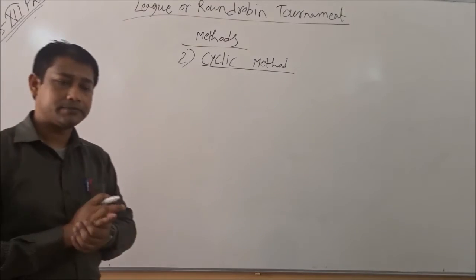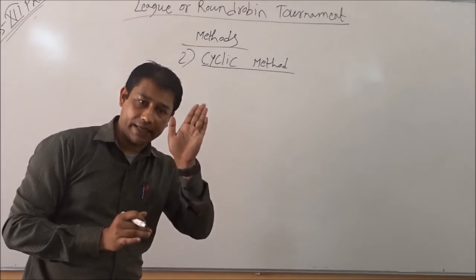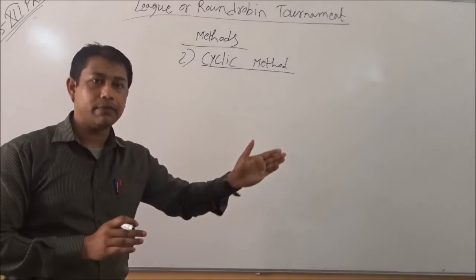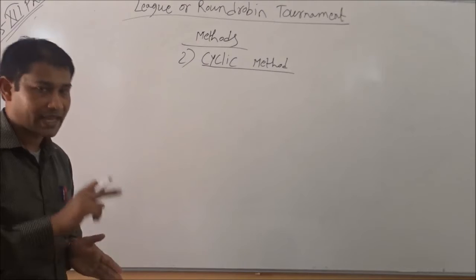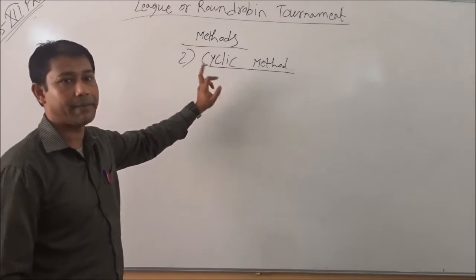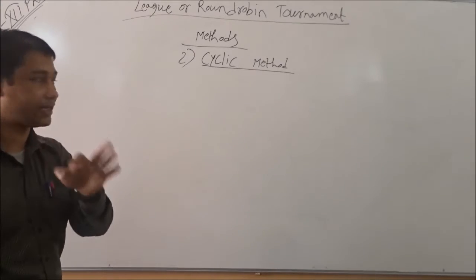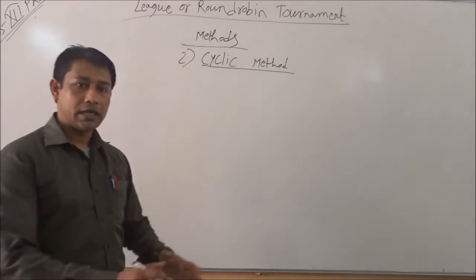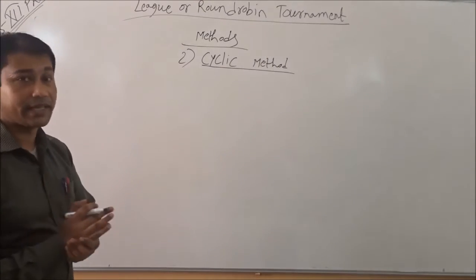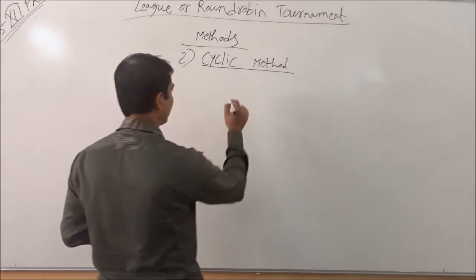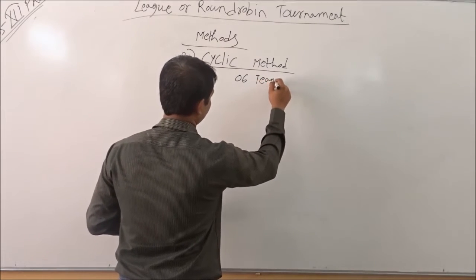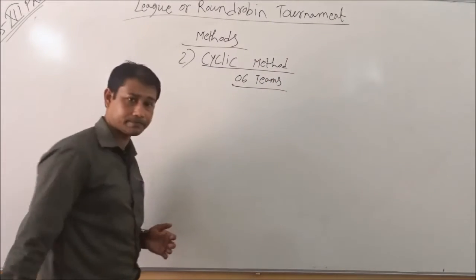Here you will find one team will be kept fixed and the remaining teams will be moving in a cyclic order. That is the reason the name has been kept cyclic method. When I will be doing an example, you will understand the things in a better way. So I am taking again 6 teams as an example.